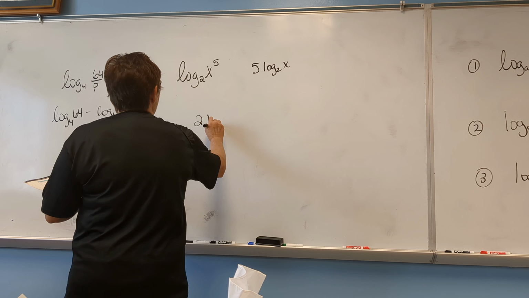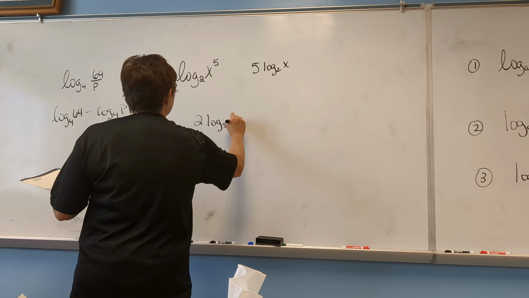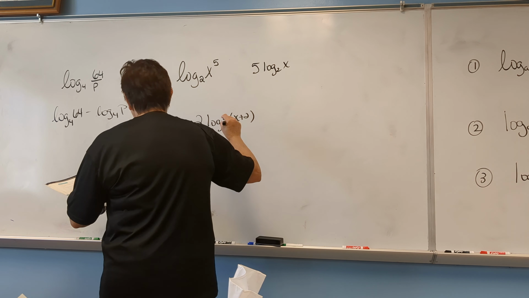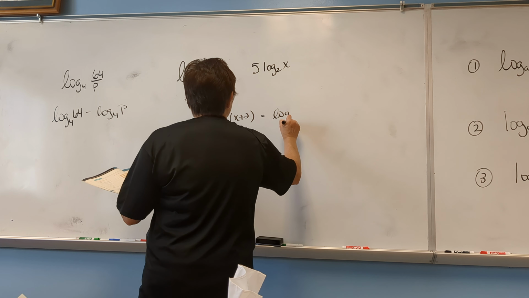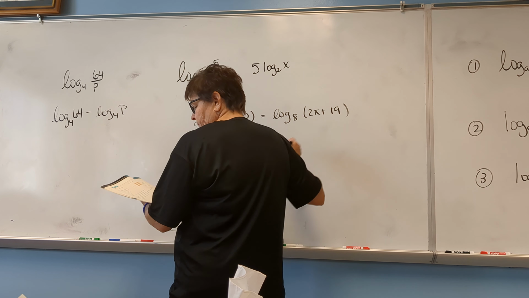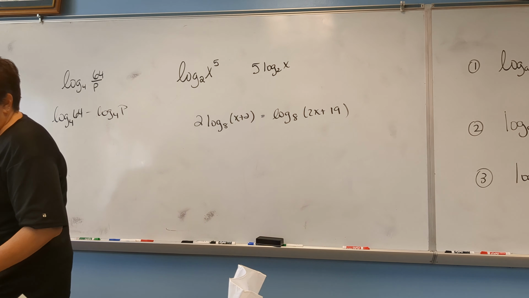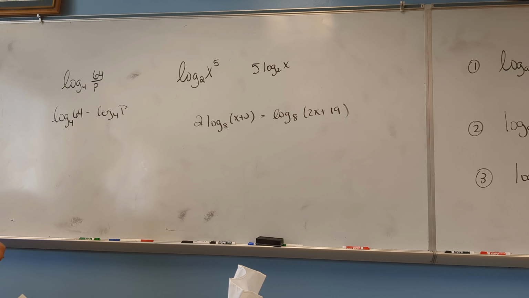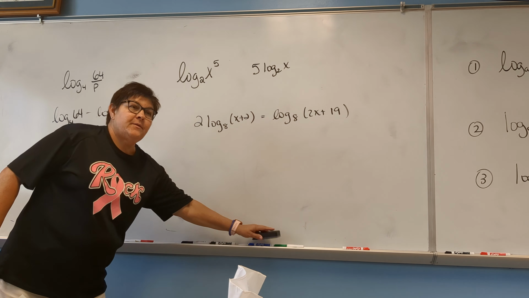So, let's solve for x: 2 log 8 of x plus 2 equals log 8 of 2x plus 19. Now, this is really cool, if you ask me.